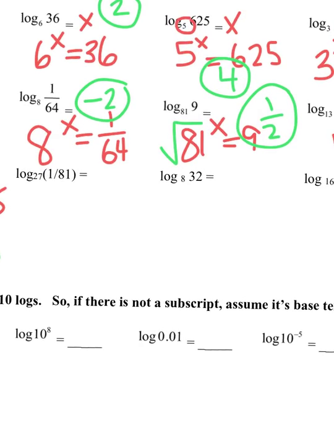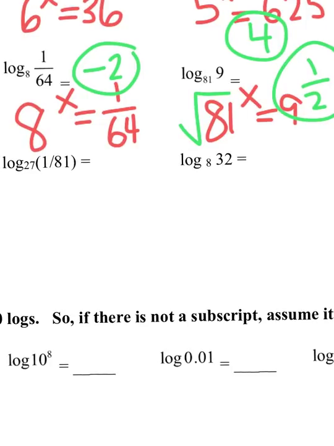These get a little more complicated right here. I have 27 to the x equals 1 over 81. Some different things are going on: I'm going to have a negative exponent. Another thing I notice is that this isn't a power, I can't do 27 squared or 27 cubed. So I'm going to recognize that both of these can be written as a power of 3.